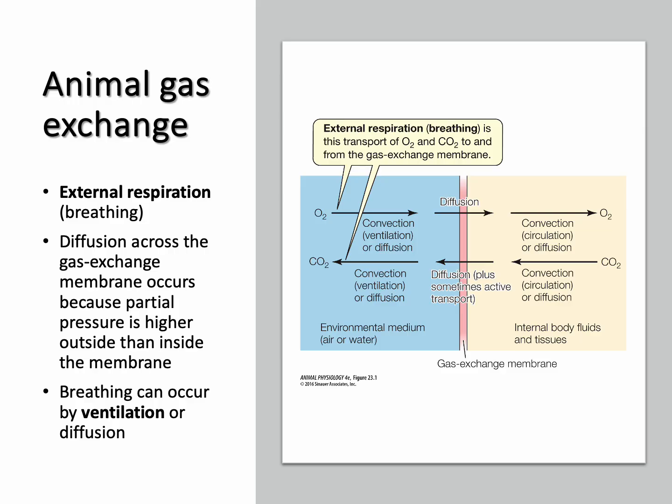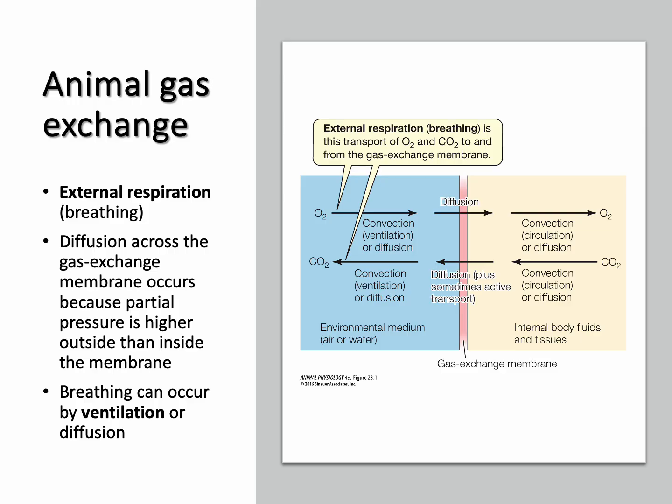So diffusion across the gas exchange membrane occurs because partial pressure is higher outside the membrane than inside the membrane. And the idea here is what we learned in the previous chapter. Gases always move from an area of high pressure to an area of low pressure. So if you're breathing in oxygen, the partial pressure of oxygen outside in the air is going to be higher than inside, right?